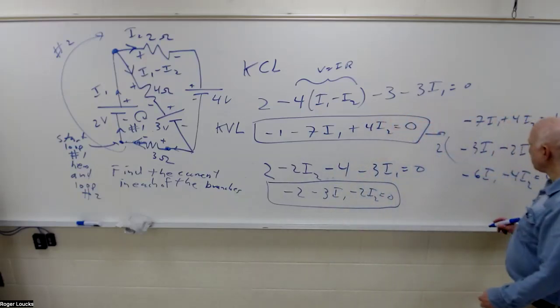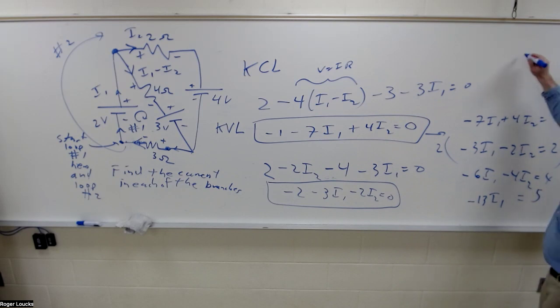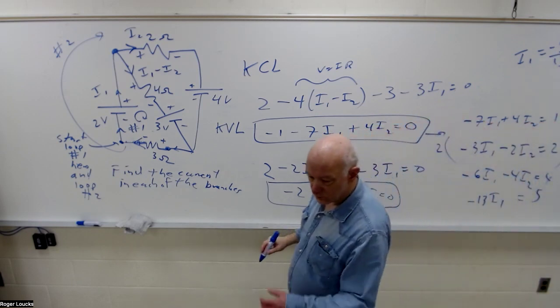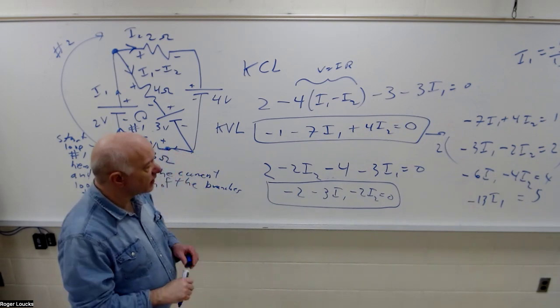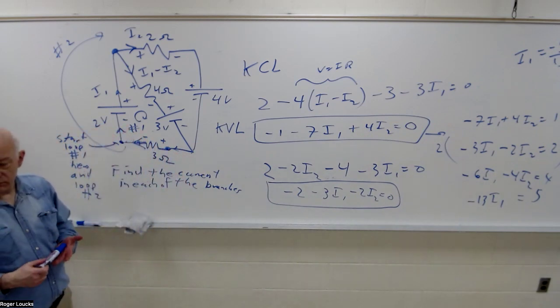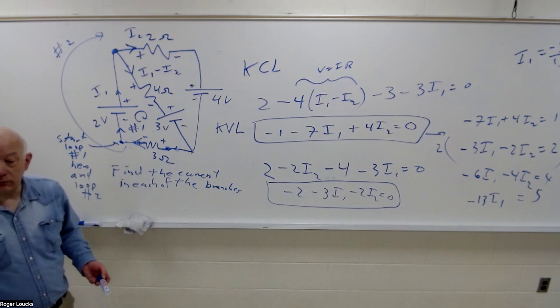So if I add these 2 together, I get minus 13 I1. That's good, the I2 terms cancel. And then I have 5. So this gives me I1 equals minus 5 over 13. Okay, what does that minus sign mean? It means I chose the wrong direction, but what would I get for a magnitude?